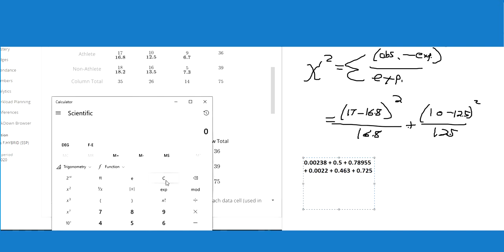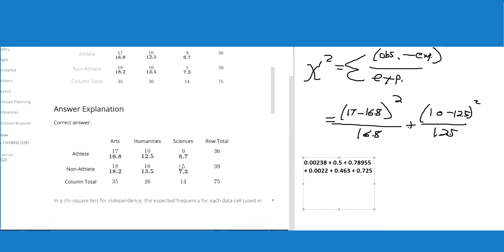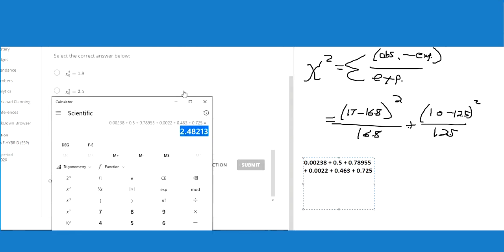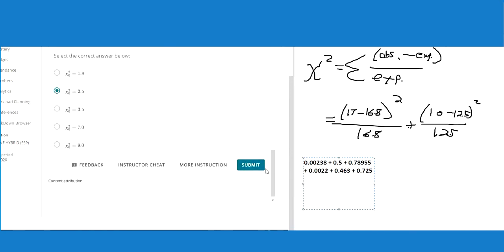Add all those up and you get your test statistic. We got 2.48, kind of a low test statistic. So 2.5 when you round.